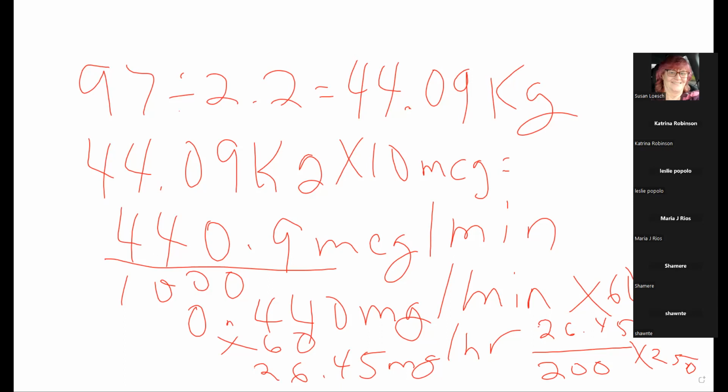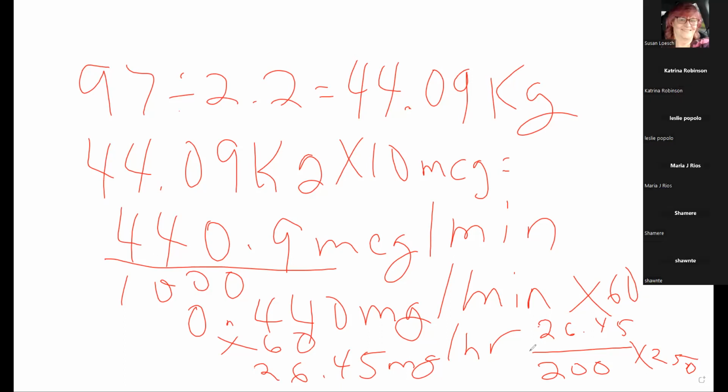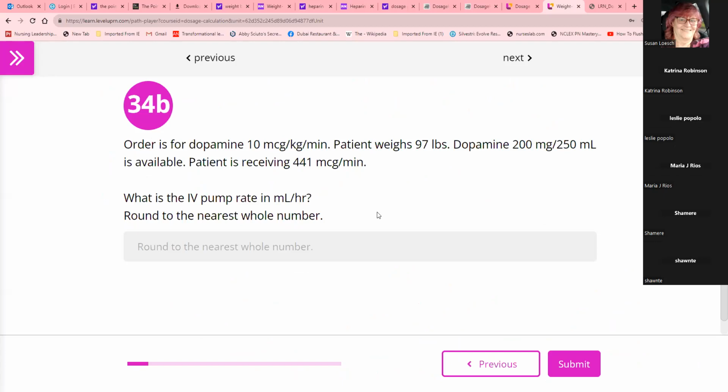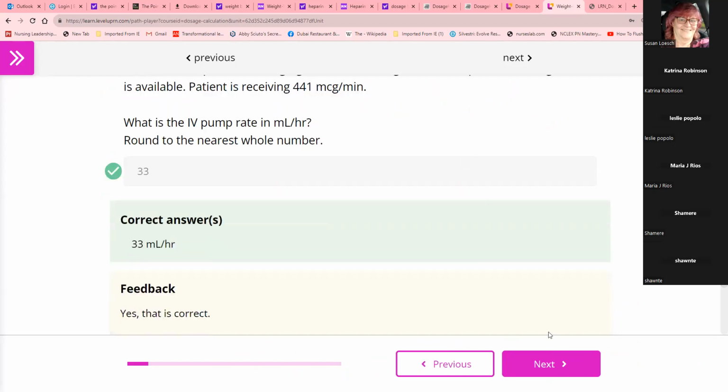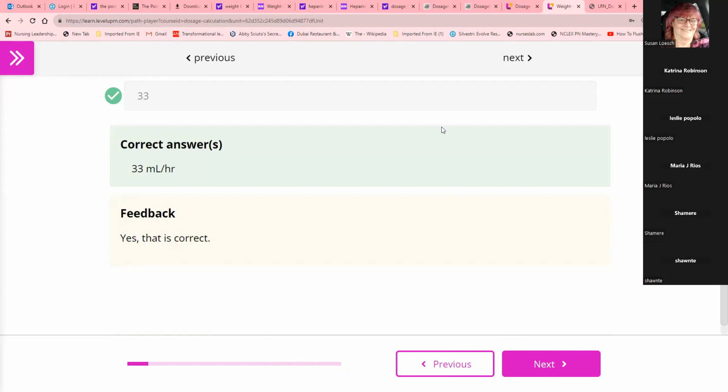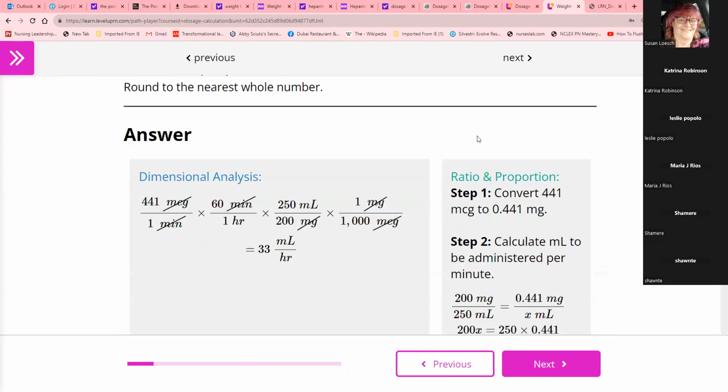Okay, so let's go back to our screen. So for this one, I would write 33. They might do 33.1. Let's see. Okay, 33. Now here it is laid out for you, okay?